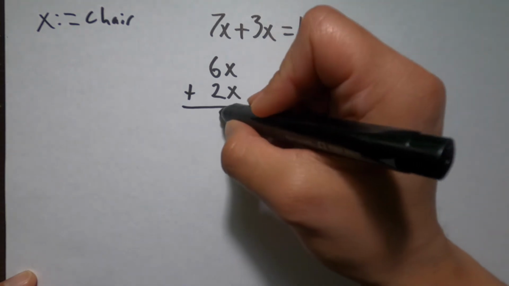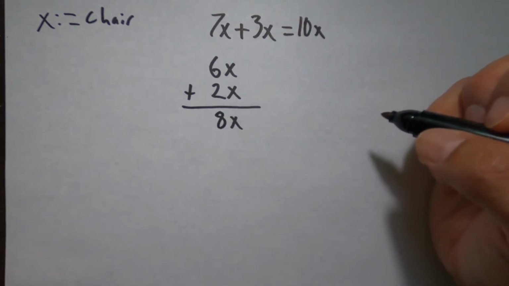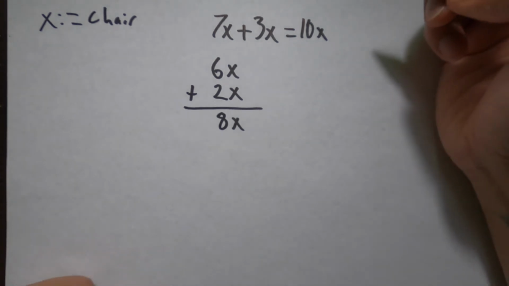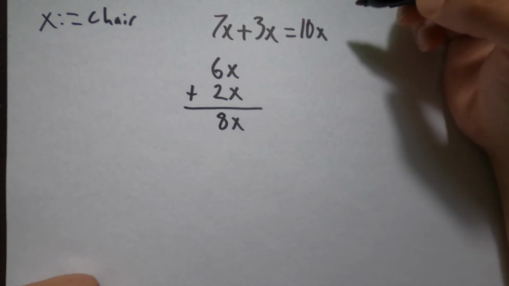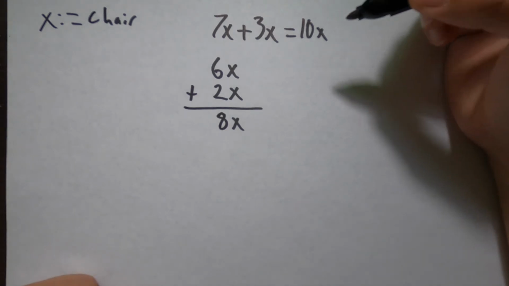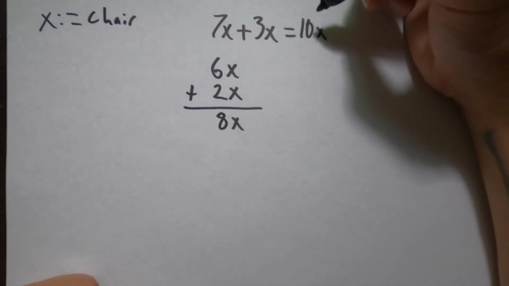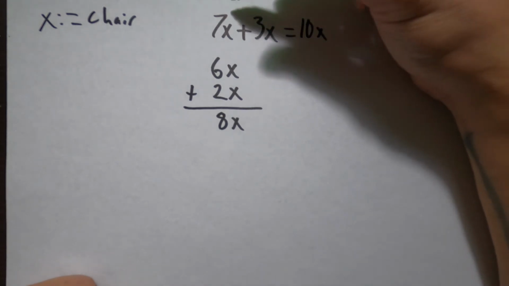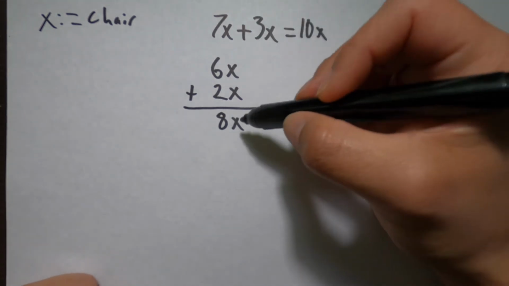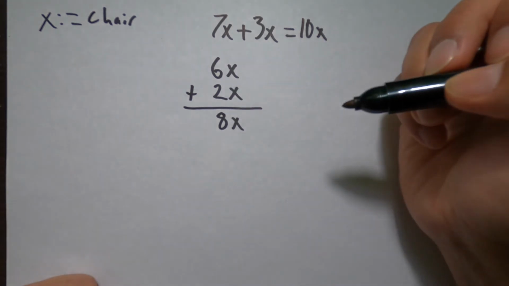6, 7, 8 chairs. Now I want you to take notice of something here also. So we will introduce the vocabulary of composing and decomposing. We can say 10 decomposed is 3 and 7. 8 decomposed is 2 and 6.